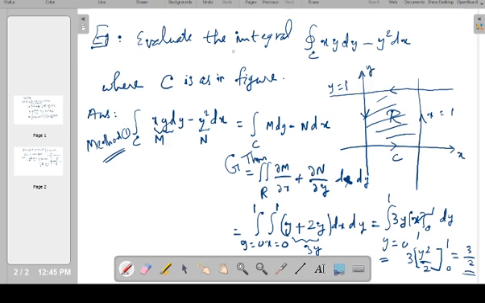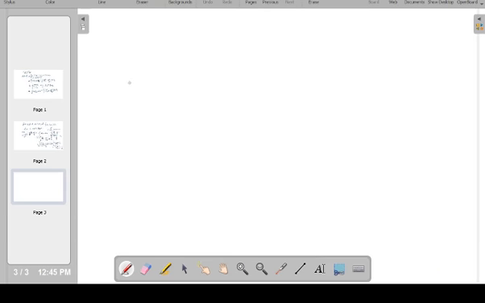Let us proceed in another way. So method 2, again by using Green's theorem, the first version. So the integral of xy dy minus y square dx, right?